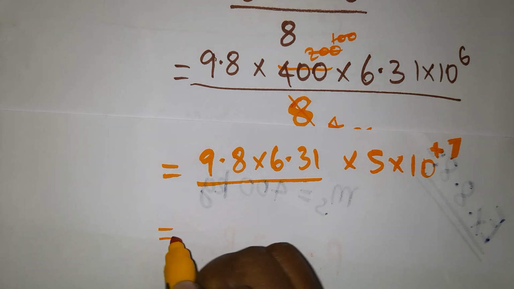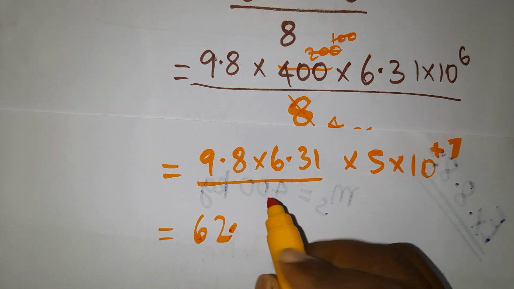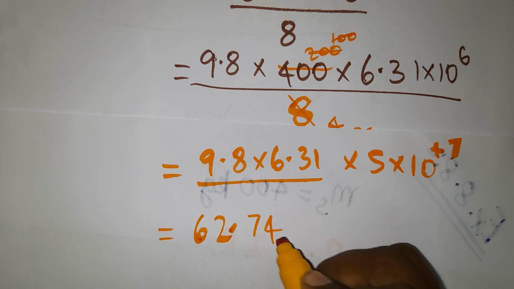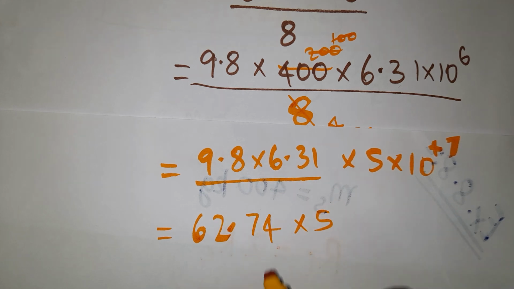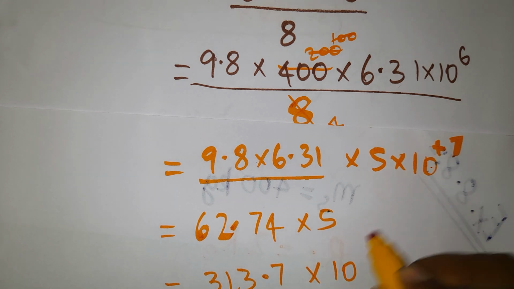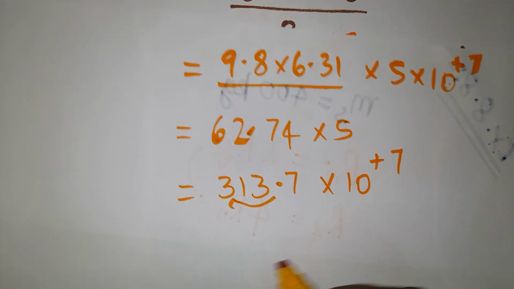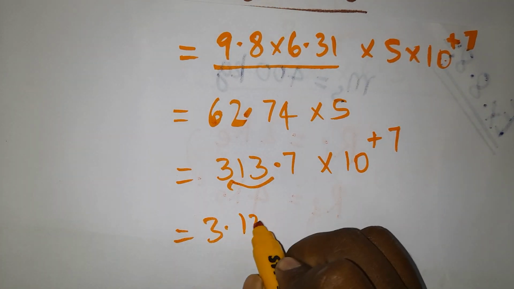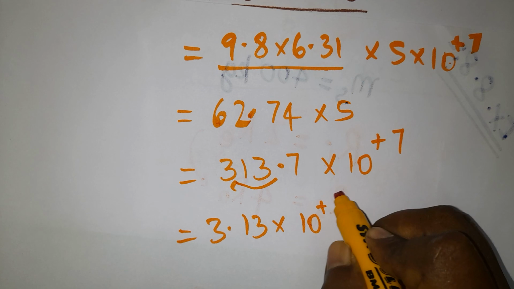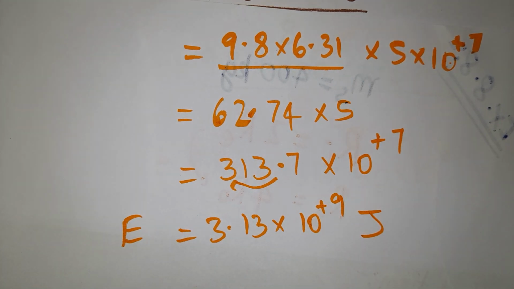The answer I am going to get is 62.74 into 5. This multiplication gives 3.7 into 10 power plus 7. If you move 2 more decimal places, plus 9, we get 3.13 into 10 power plus 9. We are finding the energy, so the unit is joules.